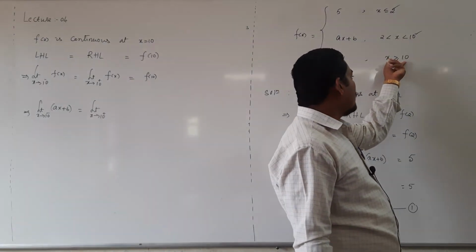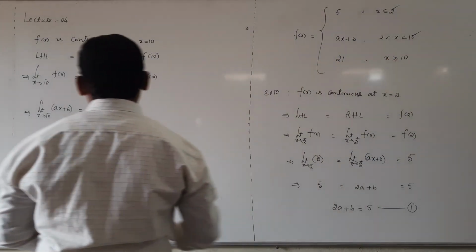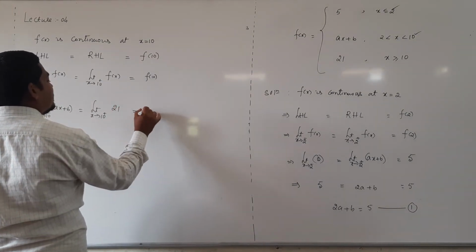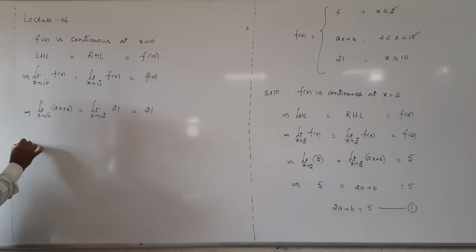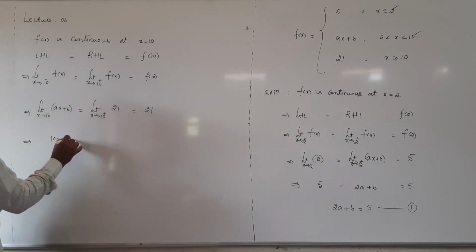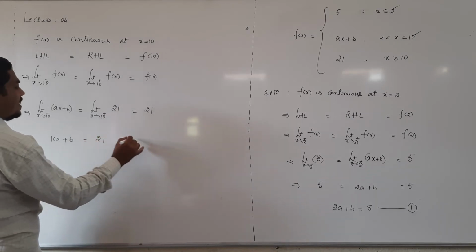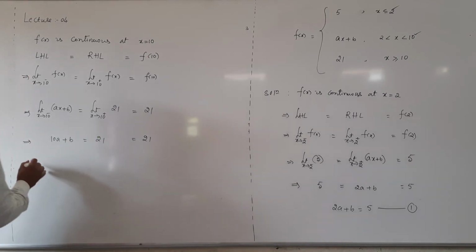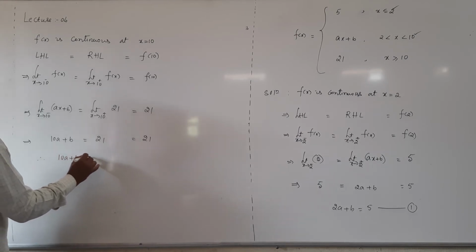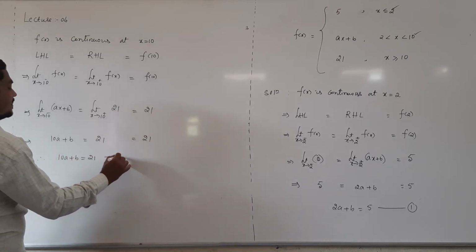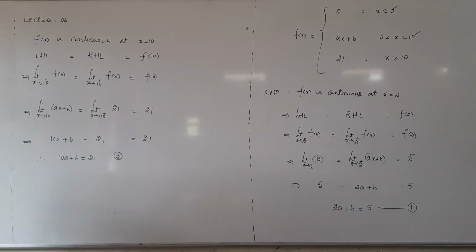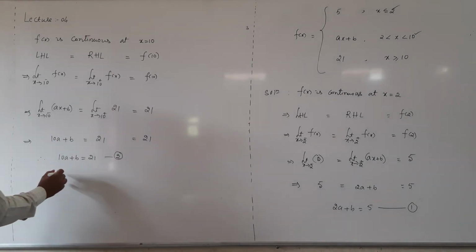When x is more than or equal to 10, the function is the constant 21, and f of 10 is also 21. Now apply the limit: 10a plus b equal to 21. Therefore 10a plus b equal to 21, take this as equation number 2. Now solve equation number 1 and 2, then you get the a value as well as the b value.